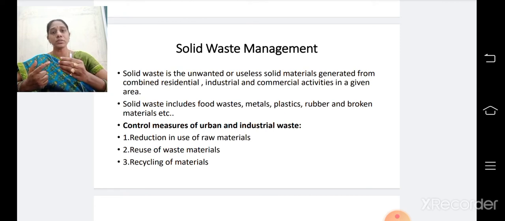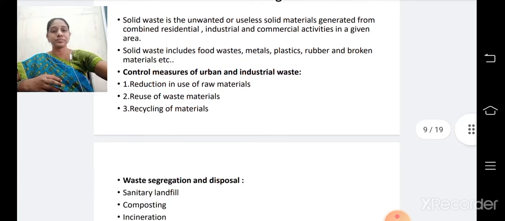See, poor people, they use small things repeatedly. Plastic things, whatever may be, they use repeatedly. So reuse of waste materials. Recycling of materials. So recycling of this plastic, whatever may be. So all these are different control measures of this waste.